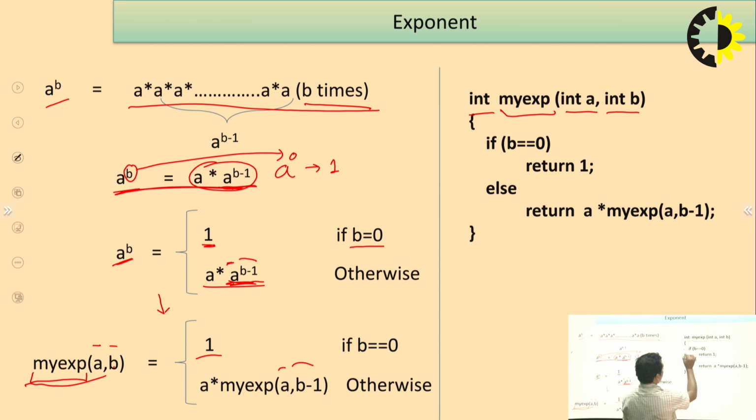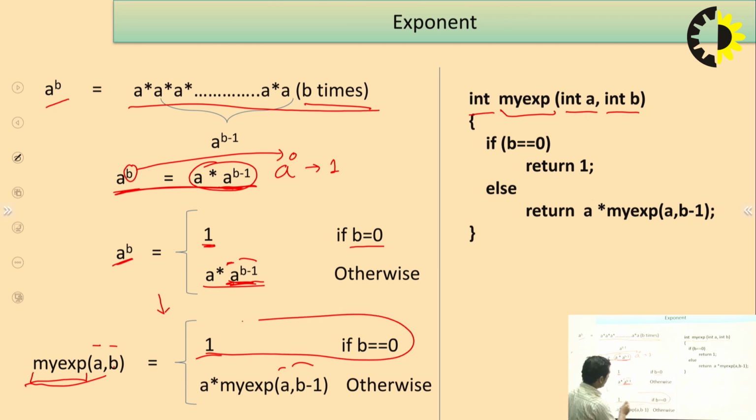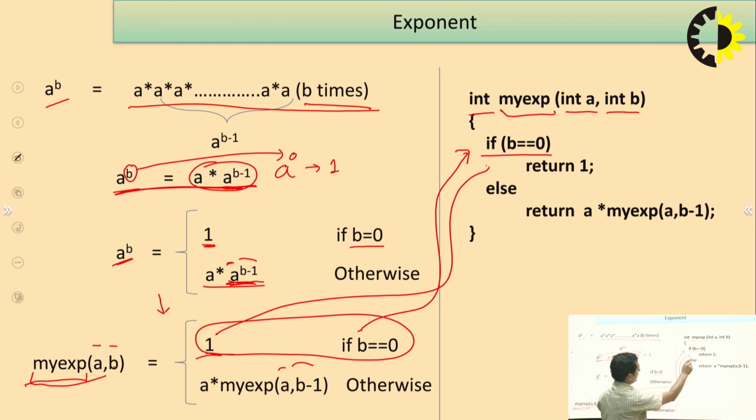Now first write the base case in the coding part. With the help of syntax, we write if b equal to 0, then return 1.